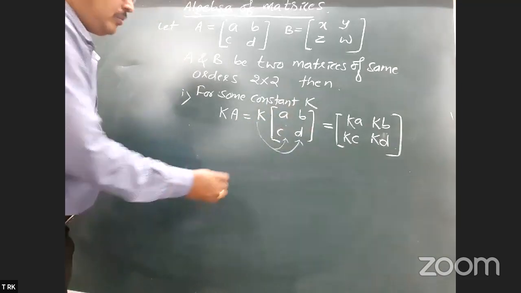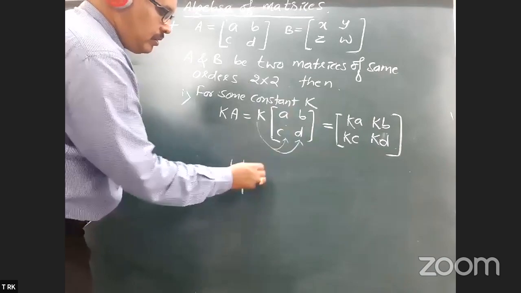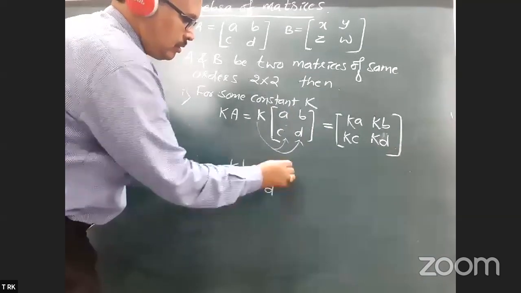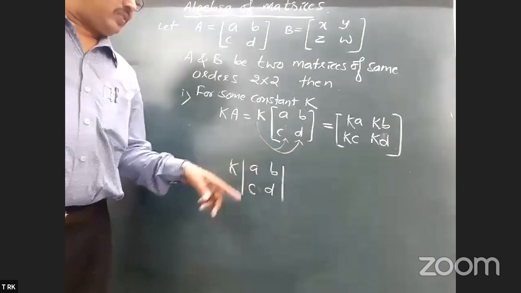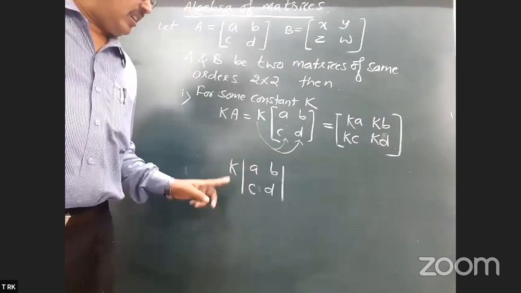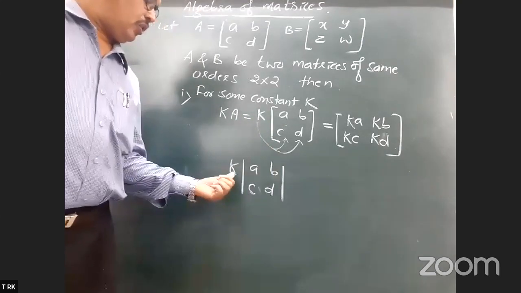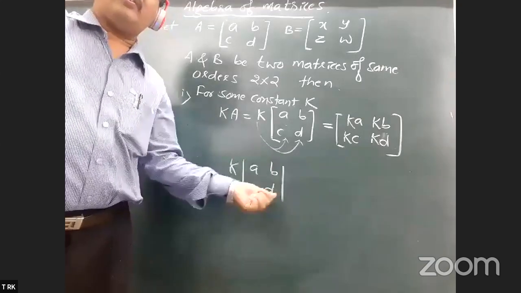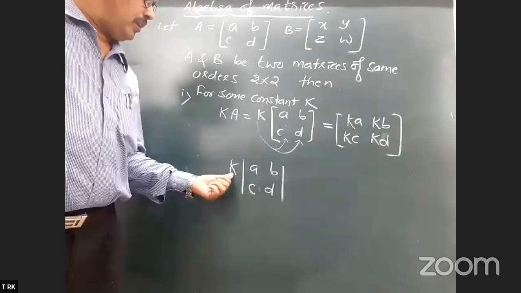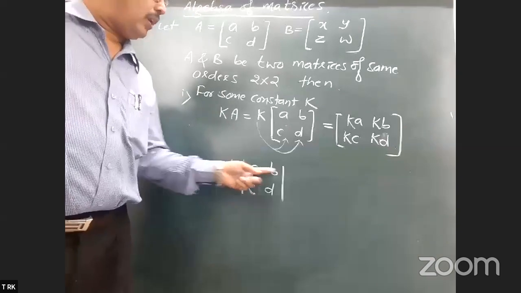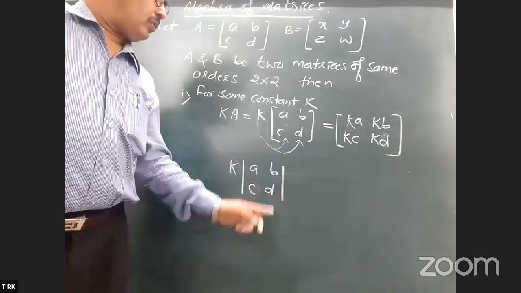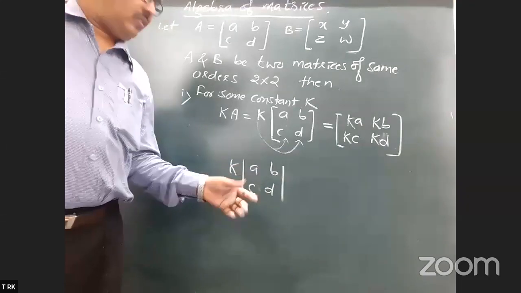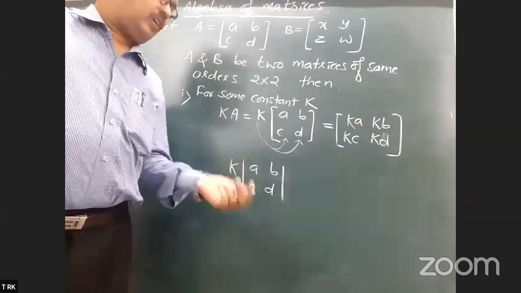And at the same time, in case of a determinant, this does not happen. In case of a determinant, k into this, we should not distribute k to all these elements. k should be multiplied to all elements of any one row or any one column. It is due to the property of determinant.